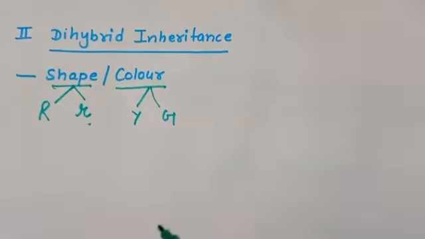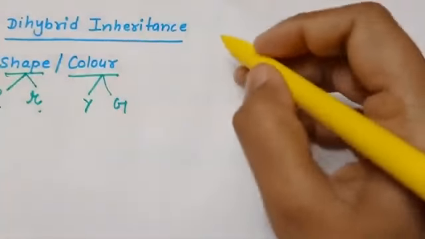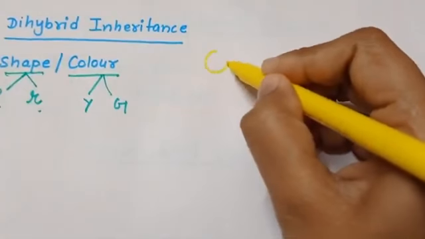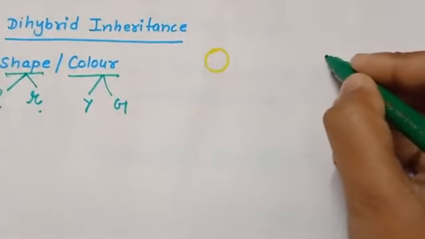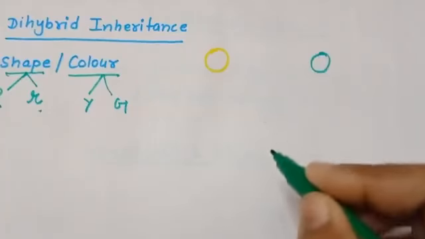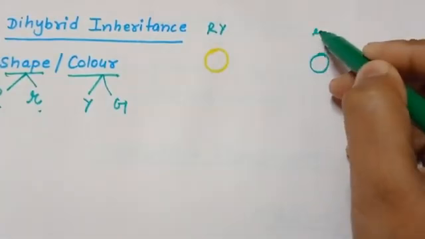So let us see how it happens. Here in the experiment, what do we have? We have one round yellow seed, another is a wrinkled green seed. Remember, round yellow, wrinkled green.